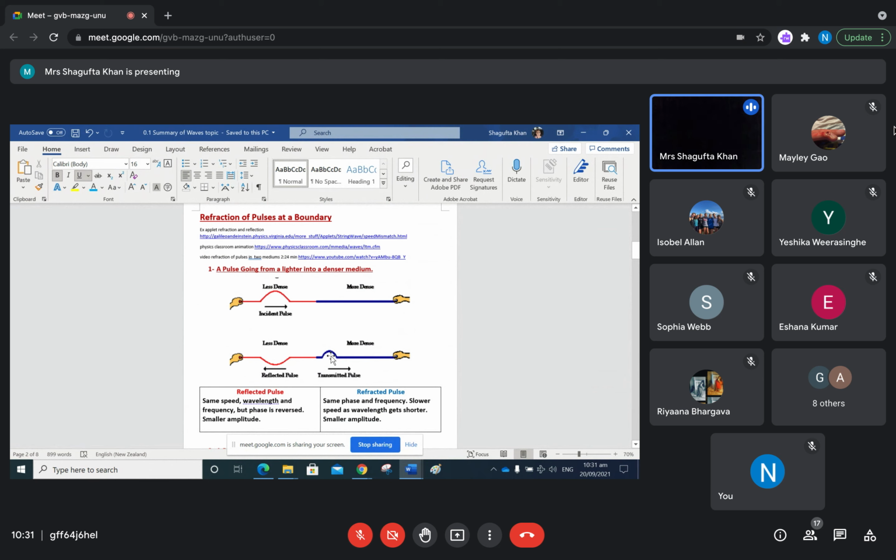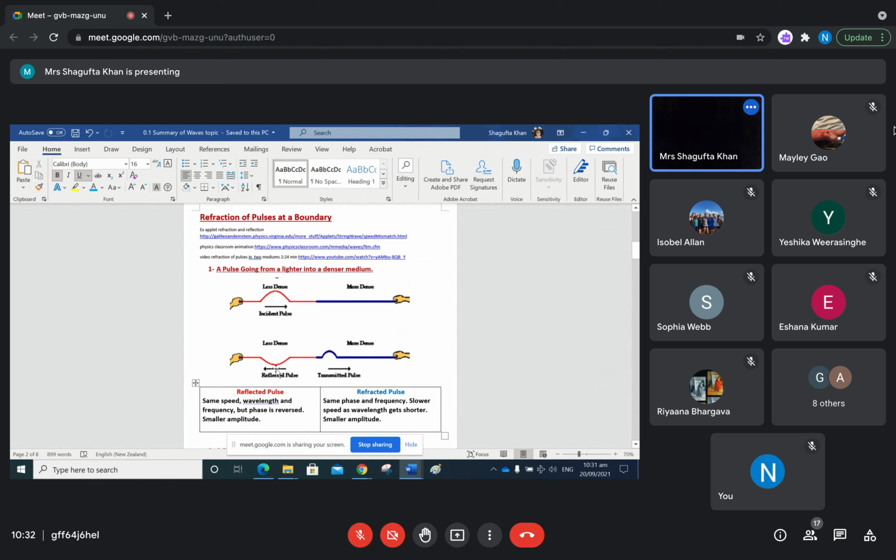Because energy is dividing into 2 bits, the amplitude gets smaller for both of these. The refracted pulse wavelength will be smaller because its speed becomes slower. For this one, the wavelength is smaller, but the only difference is that the amplitude will be smaller as compared to the incident one. So it divides into 2 bits.